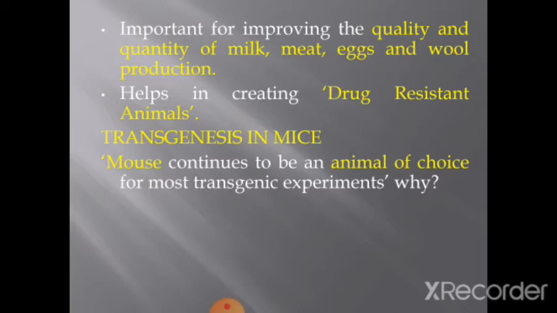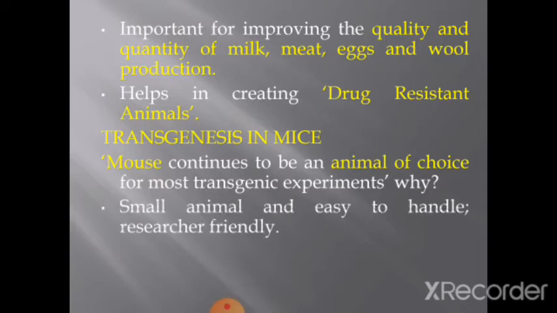Now, even today, the mouse continues to be the animal of choice for most transgenic experiments. Why? Because they are small, easy to handle and researcher friendly. It is easy to maintain a mice colony rather than an elephant in the laboratory, right? Therefore, they are researcher friendly.